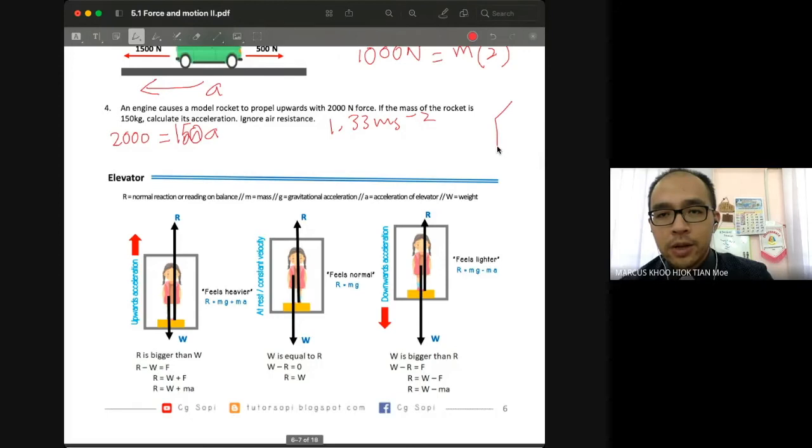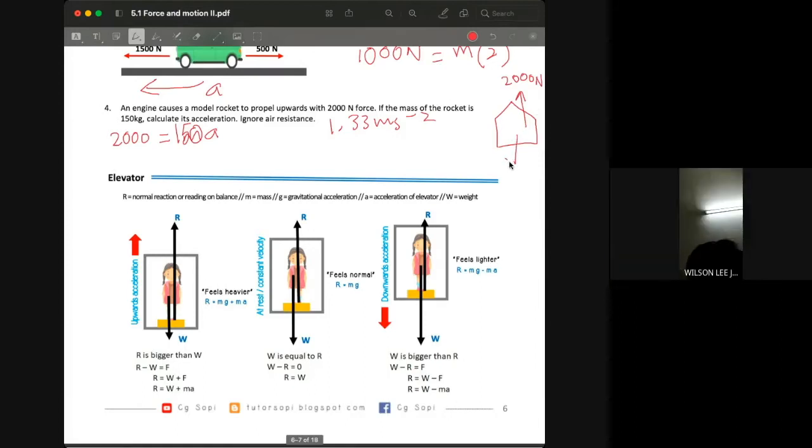Okay. This is a rocket. It's a very ugly looking rocket. Doesn't matter. So it's going to go up with 2000 Newton. Wilson, if there's a force going up, there must be a force going down, right? What is the force going down? Gravity.